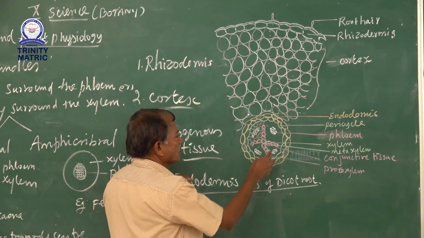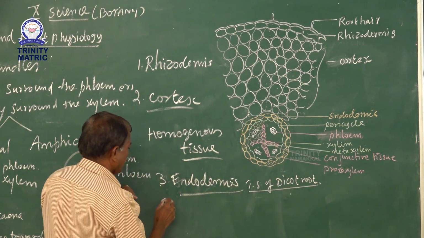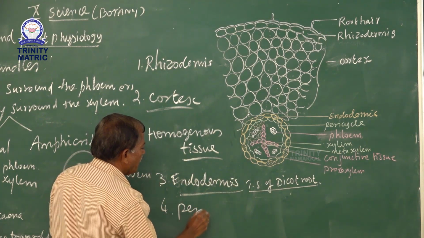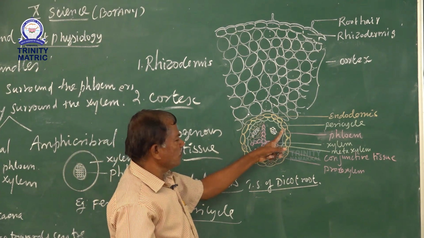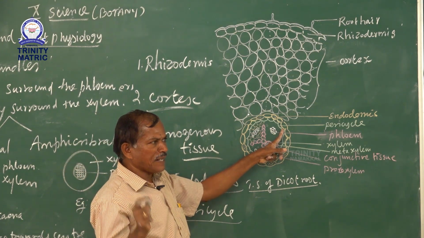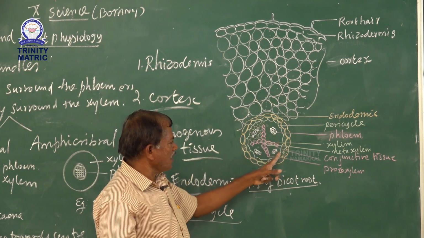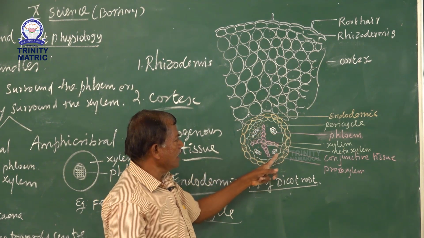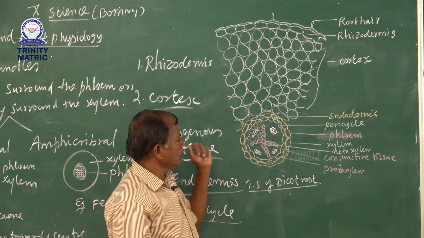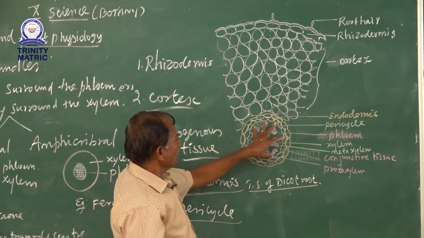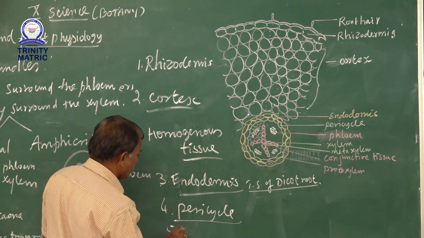The next one is called the pericycle layer. Inner to the endodermis there are thin-walled parenchymatous cells in a uniseriate arrangement, called the pericycle region. Then the next one is the vascular tissue.